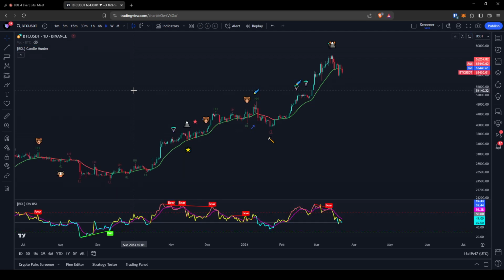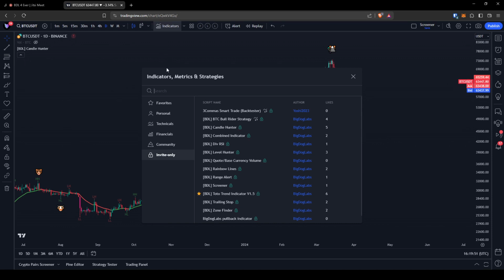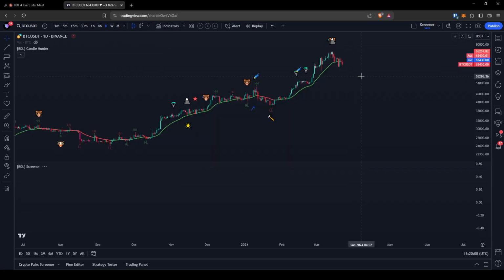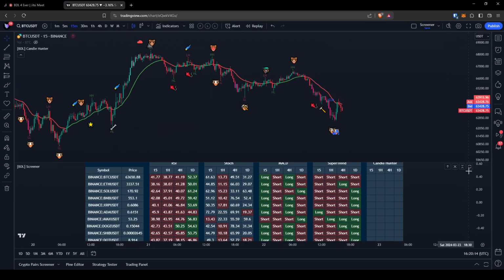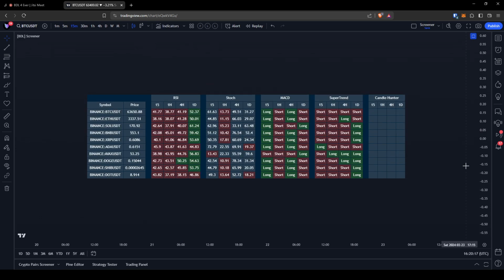To give a little impression of the next indicator which is coming, we have a BDL screener coming up soon. So this is how the BDL screener looks, and I will make an extra video just for this. But so far, I can tell you can put up to 10 different symbols or currencies you like.